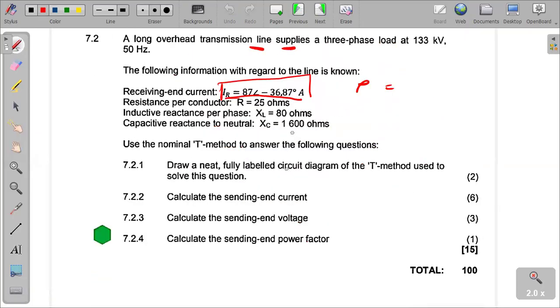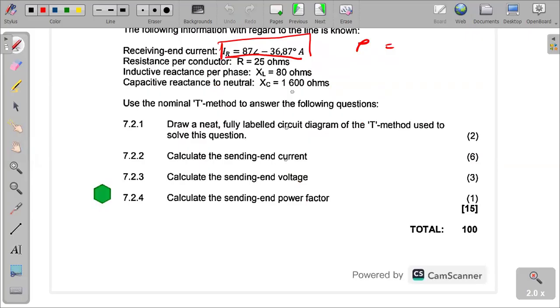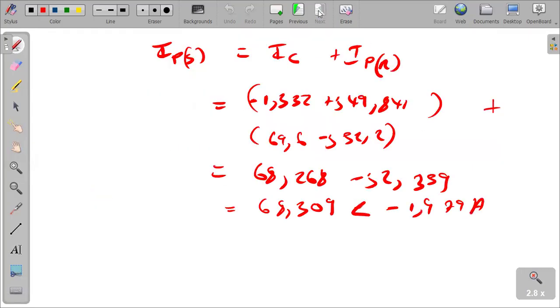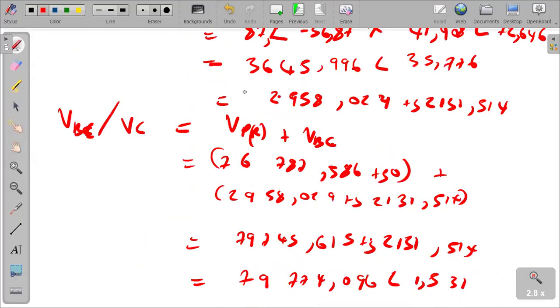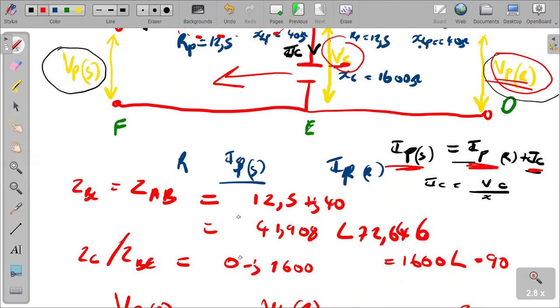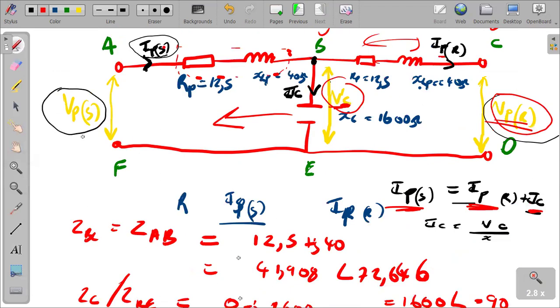Let's quickly go to the next question, which is saying calculate the sending end voltage. The sending end voltage is going to be equal to VAB first. Let's first explain how we find that. Sending end voltage is VPS. It's equal to VAB, the voltage across this, plus VC.